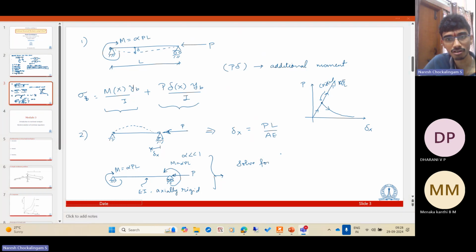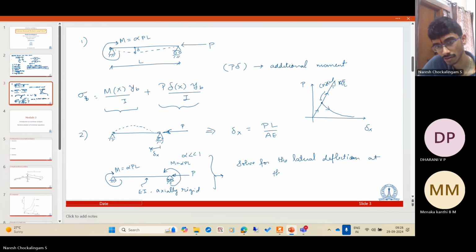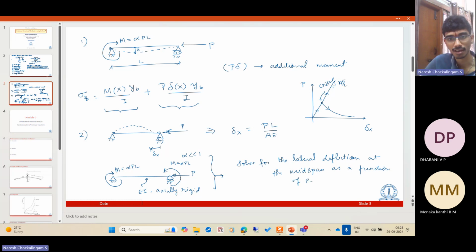So you can solve for the lateral deflection at the midspan as a function of P, and you can plot it. You can also do one more thing.